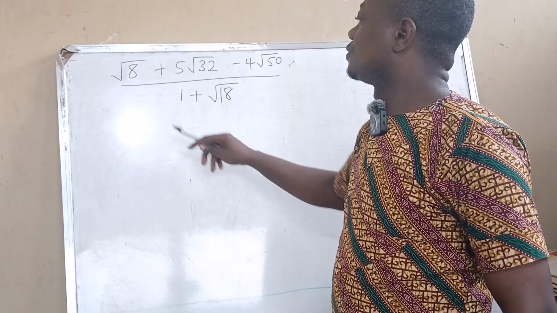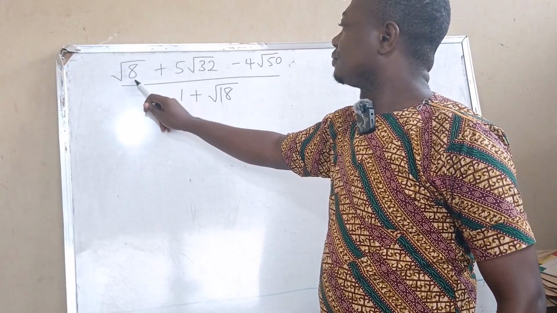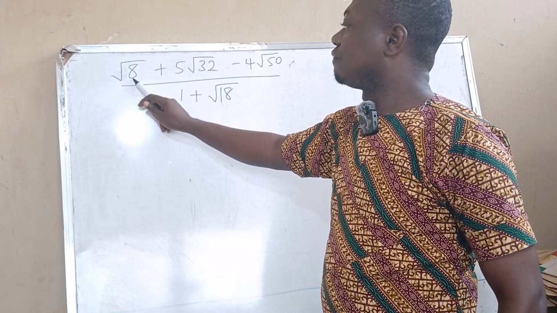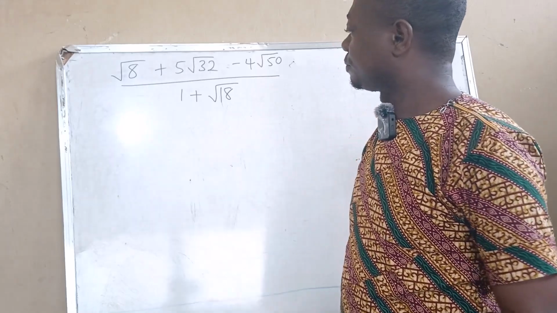Okay, we have 8 here, which is the same as 4 times 2, and the 4 is a perfect square.